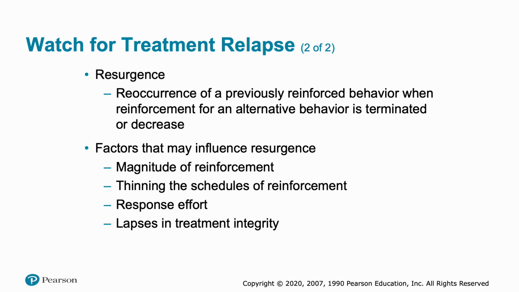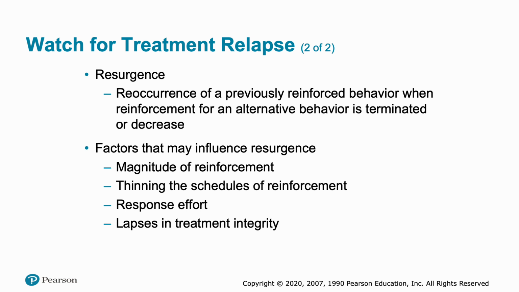Okay, so as I mentioned, treatment relapse is going to look very similar to the side effects that we saw during extinction, which is resurgence. So resurgence is the reoccurrence of a previously reinforced behavior when reinforcement for an alternative behavior is terminated or decreased.